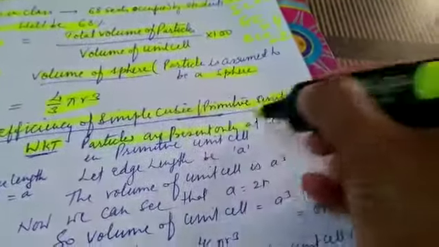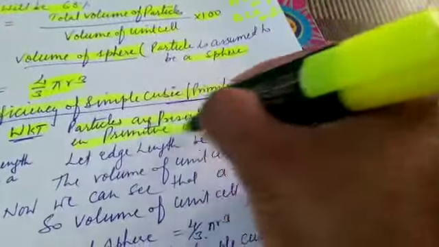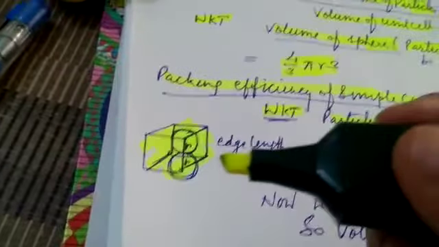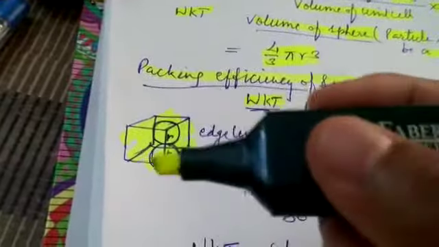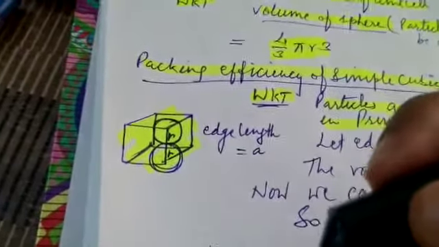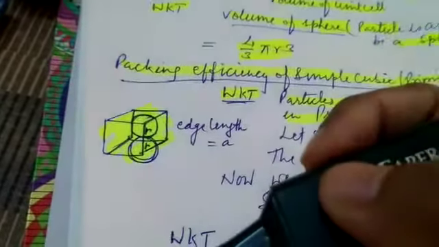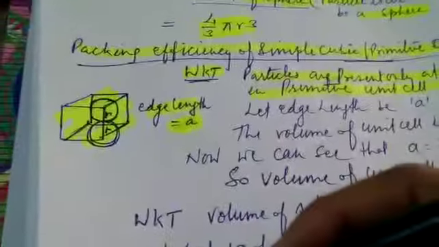Now see this diagram, in which the particles are present only at the corners, and the spheres are touching each other. It is assumed that the edge length of the unit cell is a.